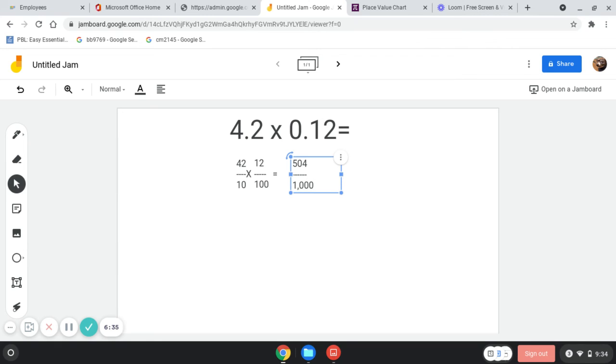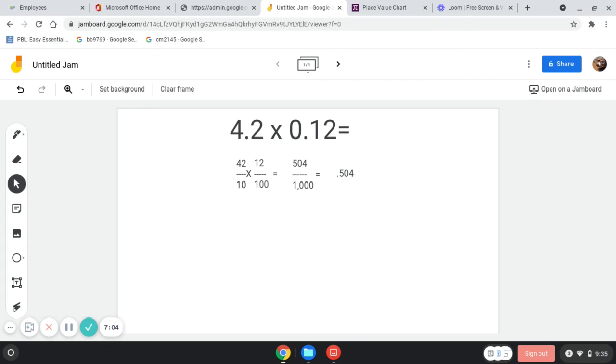So 504 thousandths will also be equal to 0.504.